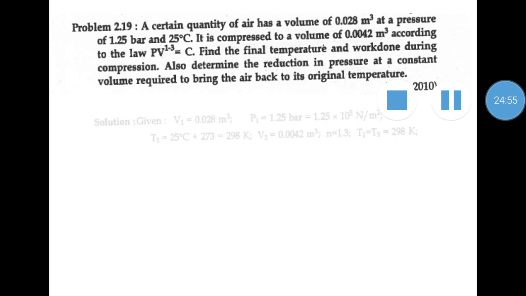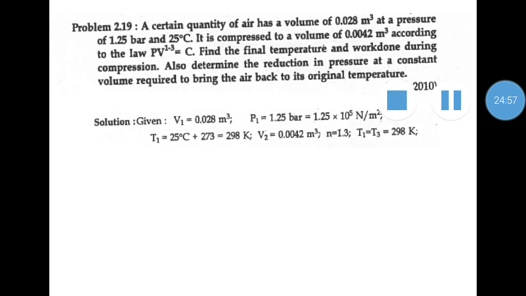So the given data is V1, that is the initial volume 0.028 meter cube, P1 is 1.25 bar initial pressure, which we have to convert into 1.25 into 10 raised to 5 Newton per meter square, and T1 is equal to 25 degrees Celsius initial temperature.